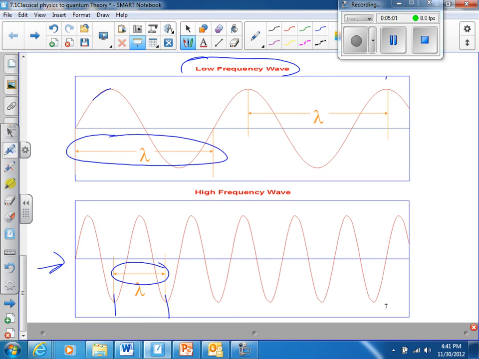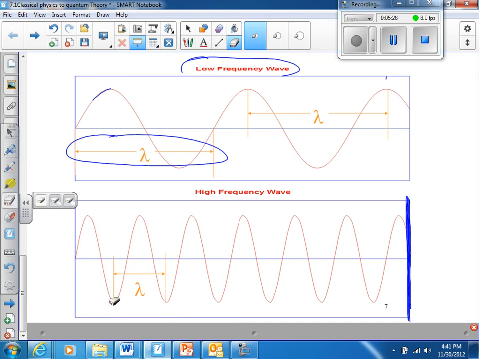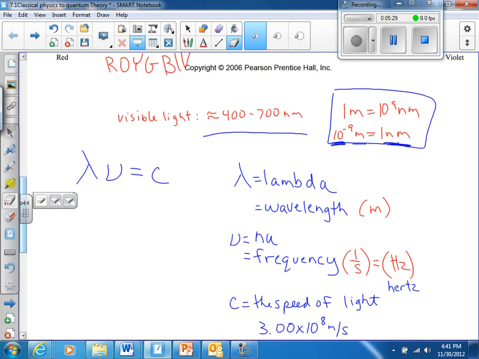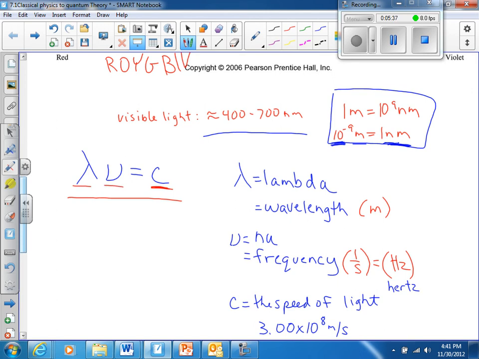Now, frequency is how many waves pass through a specific point per unit of time. These waves are not still, they're moving. If I were to draw a line right here and ask how many waves would get past this point in 1 second, all of these waves are traveling at 3 times 10 to the 8th meters per second. Let's look back at our equation. The speed of light is equal to the wavelength times how many waves pass a certain point per unit of time.